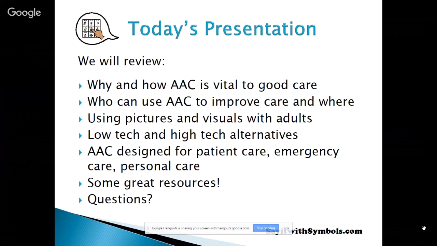We're going to review the difference and some examples of low-tech and high-tech alternatives. Then a very fast review of AAC designed for patient care, emergency care, and personal care. And then we'll wrap up with some really great resources and a question and answer if there's time.